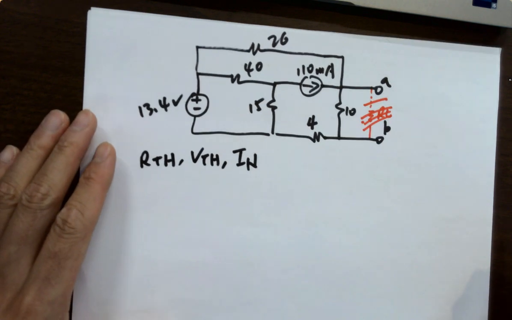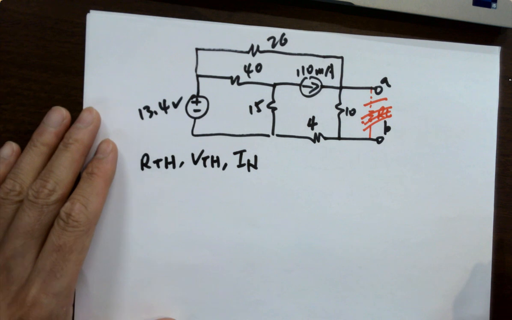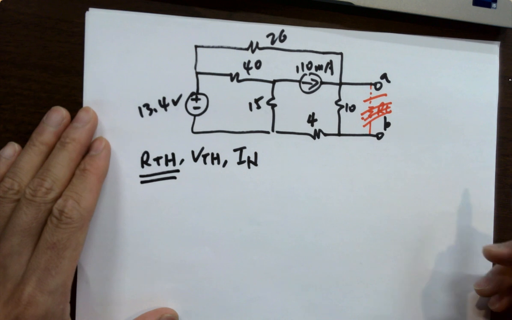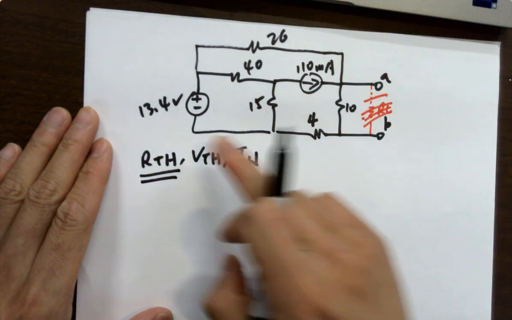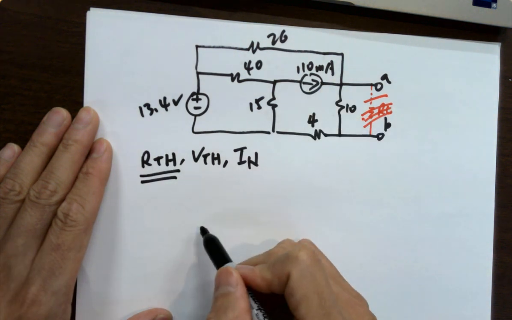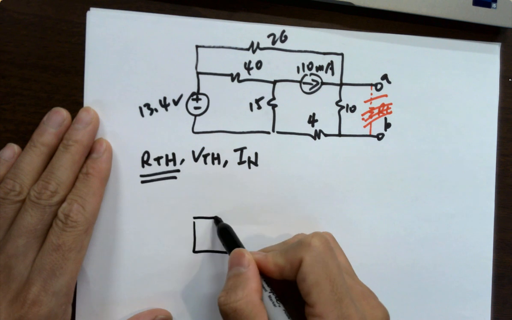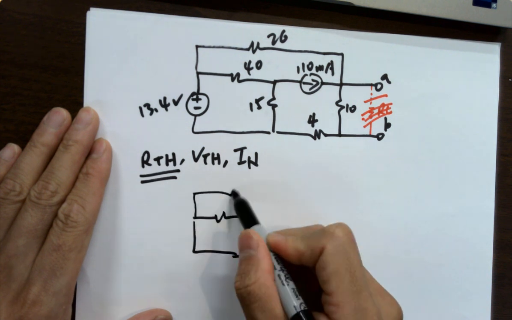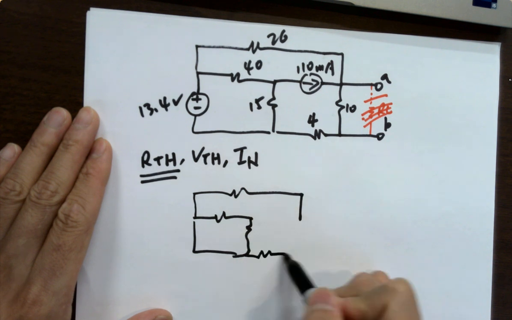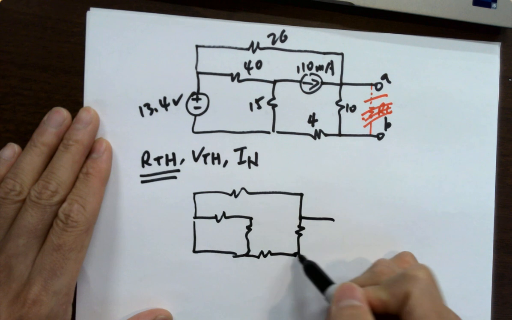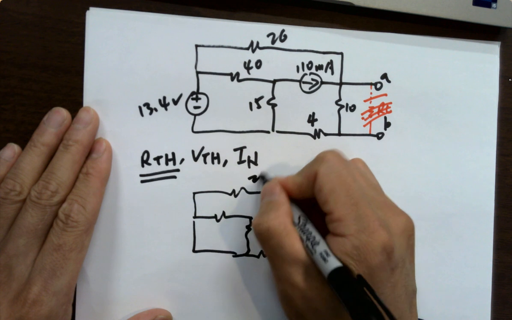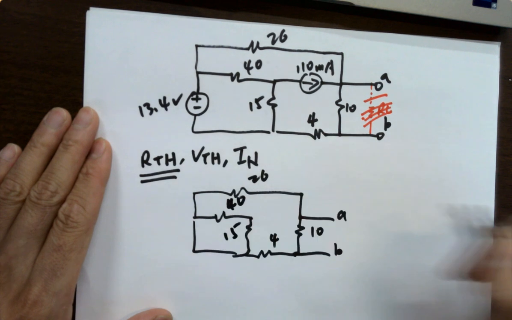If it's asking you to convert it to a Norton's equivalent circuit, let's find out RTH first. Looking backwards into the circuit, short the voltage source and disconnect the current source. So we're getting this. The current source is removed from the circuit. A and B, 10, 4, 26, 40, 15.